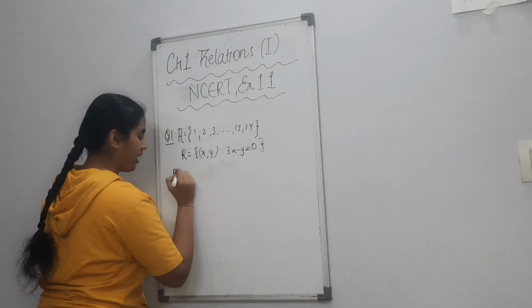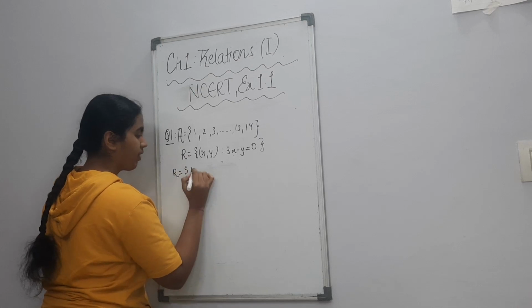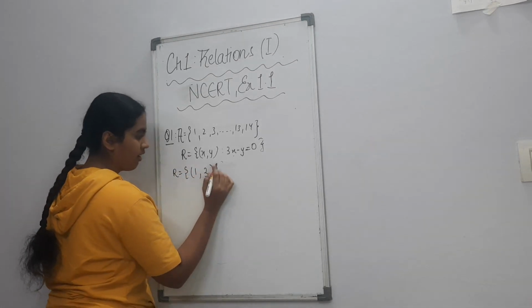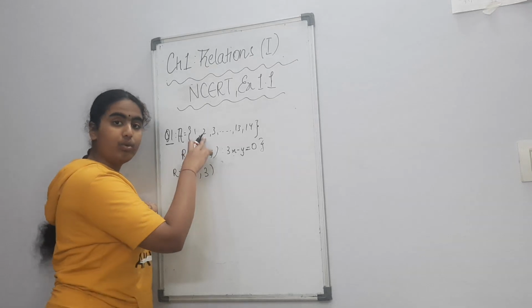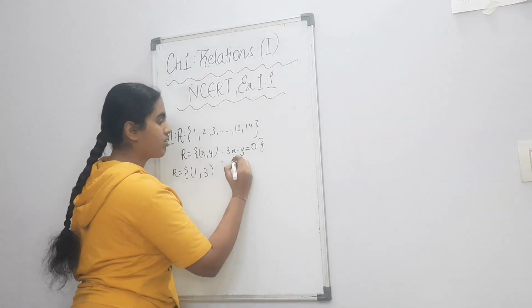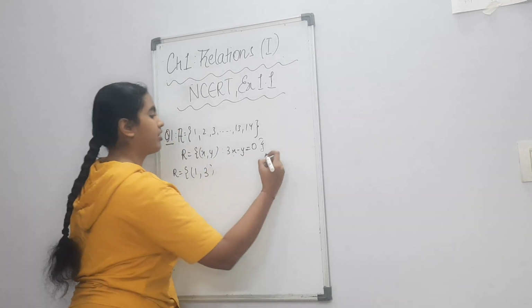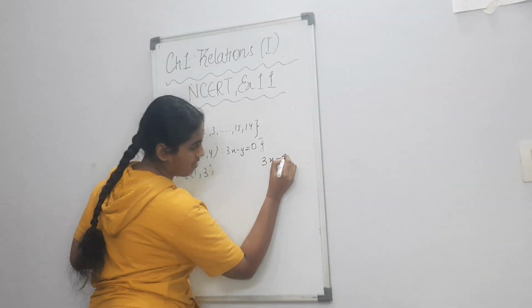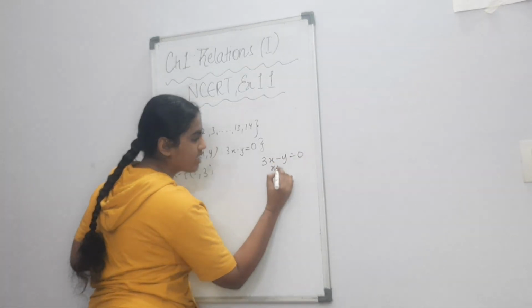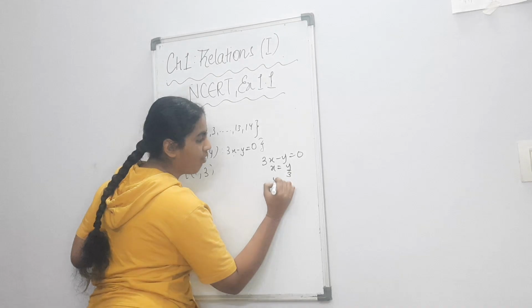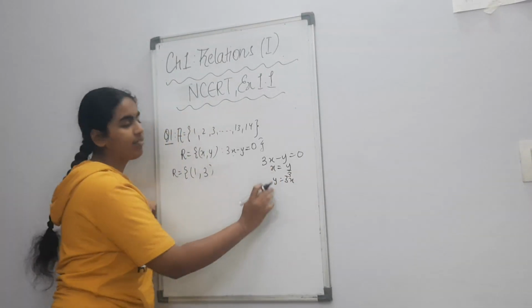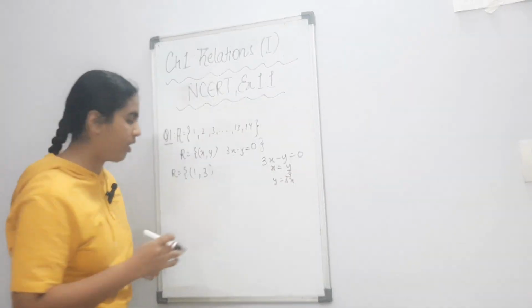So we can first write R equals to 1 comma 3. If we go for 2, let us write it in a simpler way. If 3x minus y equals 0, x equals to y by 3 or y equals to 3x. Both of these conditions, if you can fulfill them, you find your number.